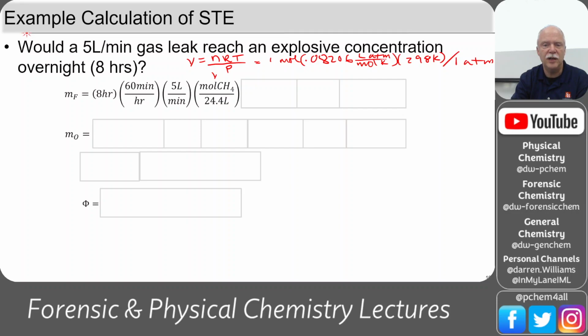This is a ratio here. The moles are canceled, Kelvin's gone, and so we have liters here, which gives us our volume. So that gives us 24.4 when we put in all those numbers. That's the volume of 1 mole of methane at standard ambient temperature and pressure. So this would be called SATP.